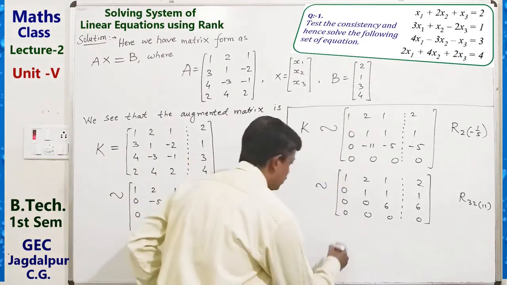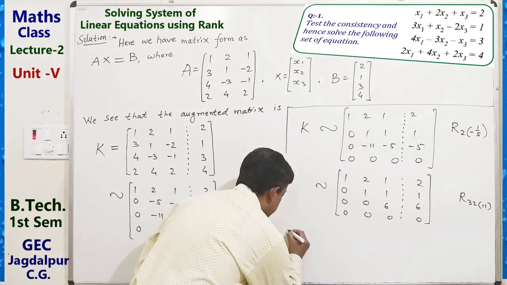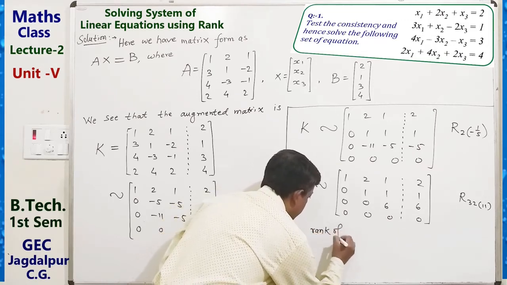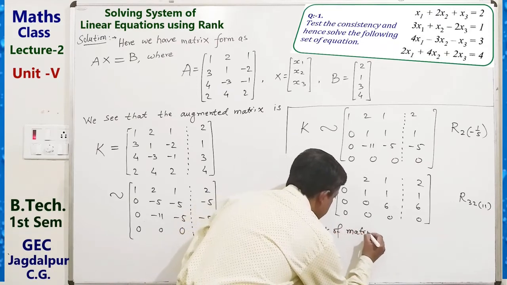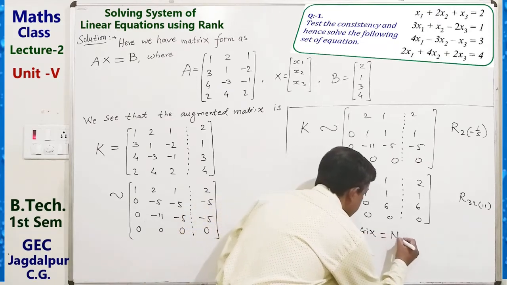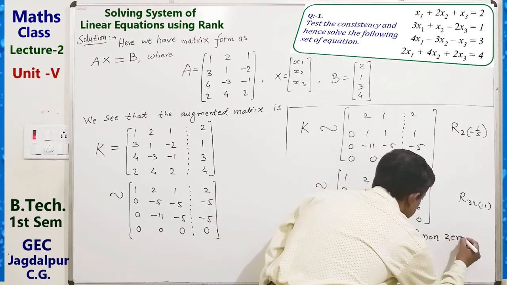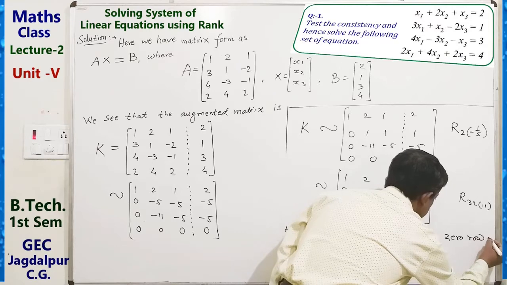The rank of the matrix is equal to the number of non-zero rows.